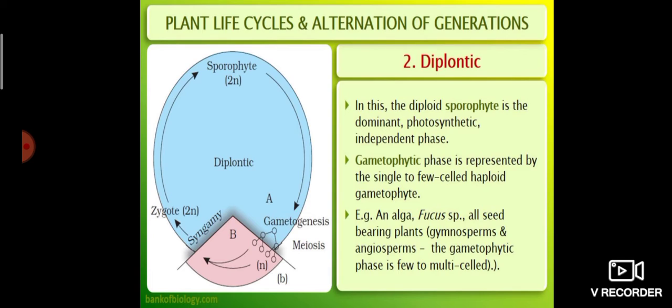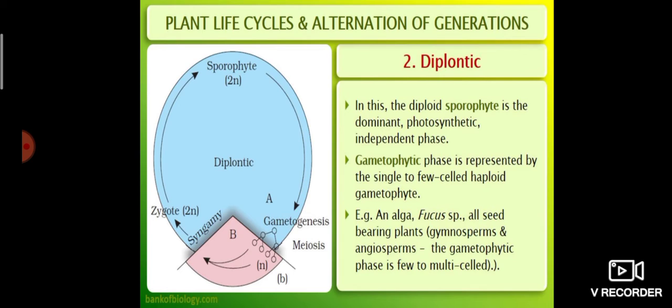In this diplontic life cycle, the diploid sporophyte is the dominant photosynthetic independent phase, whereas the gametophytic phase is represented by the single to few celled haploid gametophyte. So here there is a short life cycle for the gametophyte, whereas the sporophytic generation is more prominent.